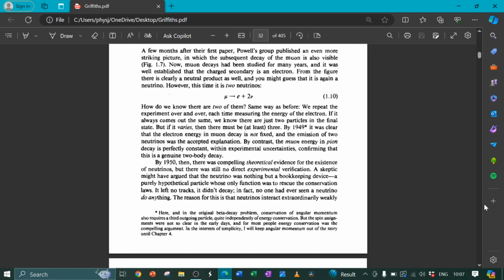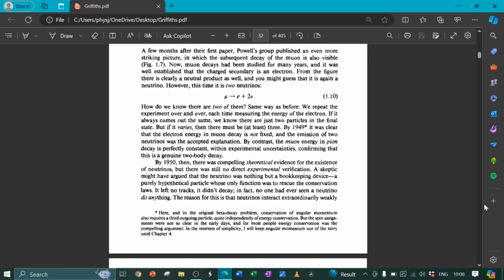By contrast, the muon energy in pion decay is perfectly constant within experimental uncertainties, confirming that this is a genuine two-body decay. By 1950, then, there was compelling theoretical evidence for the existence of neutrinos, but there was still no direct experimental verification.